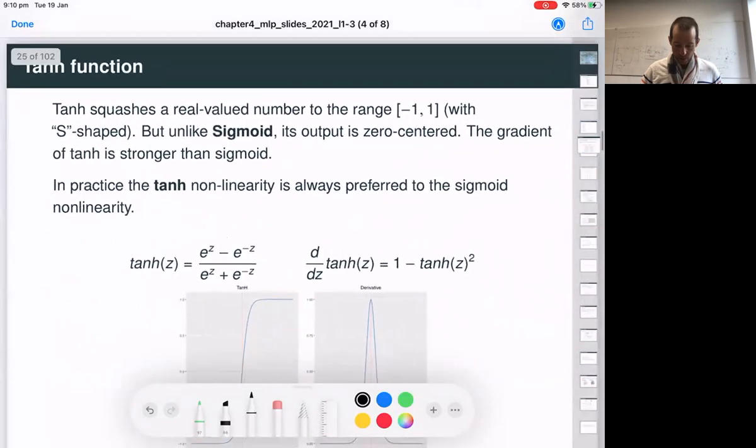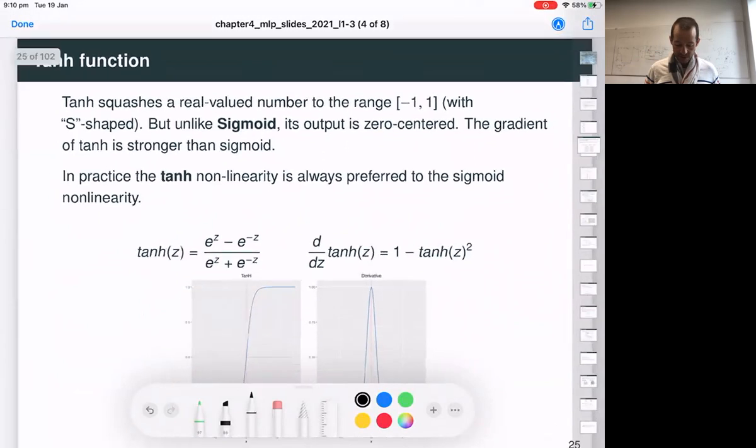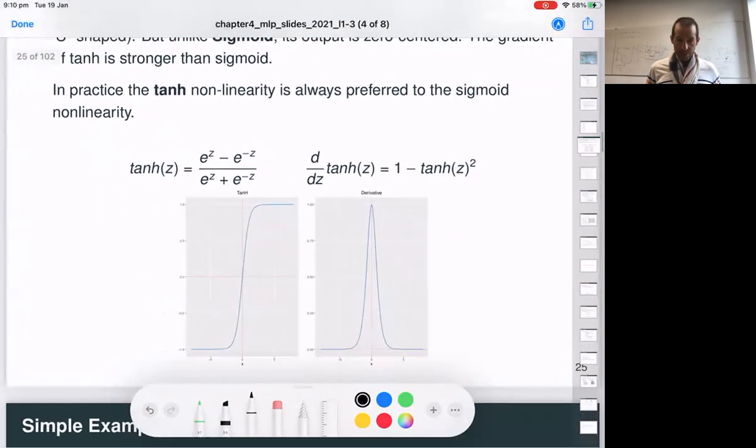Okay, and so I will go through some activation functions, but I will go fast. One that is also quite famous is the tanh, the hyperbolic tangent. It looks like the sigmoid, but the sigmoid outputs between 0 and 1, while tanh outputs between -1 and 1 with this shape.